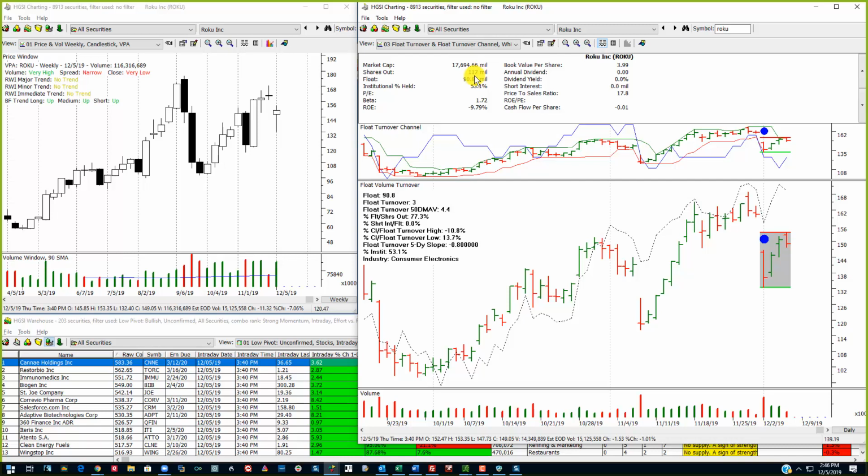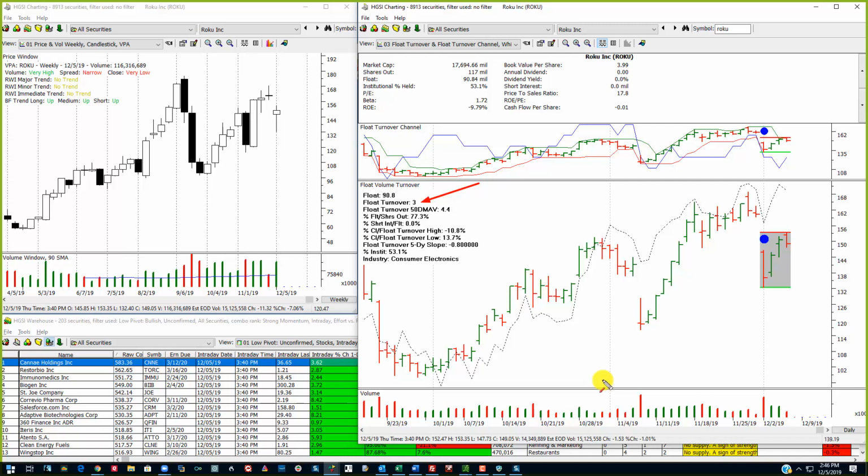The market cap, there's 117 million shares out. The float are tradable shares, over 90 million shares. Institutionally held 53.1%. This stock is turning over its float every 3 days.